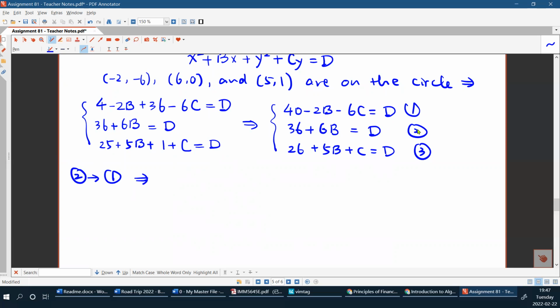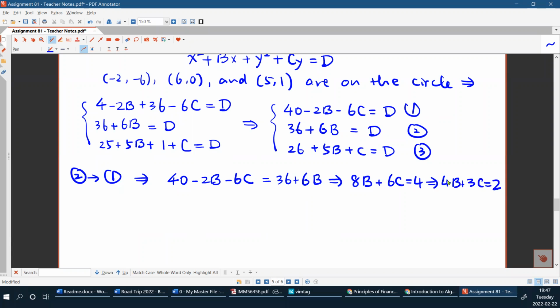So if we put equation 2 into equation 1, we'll get 40 minus 2b minus 6c equals 36 plus 6b, which gives us 8b plus 6c is 4, which means 4b plus 3c is 2, right?